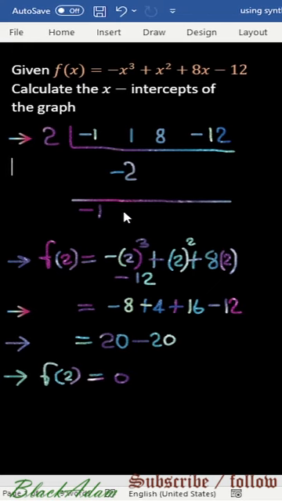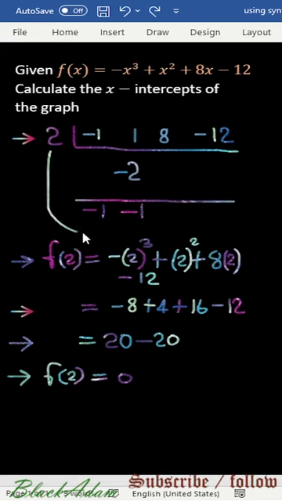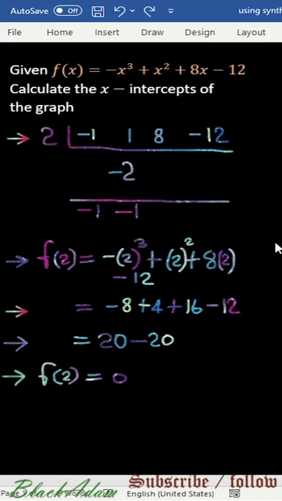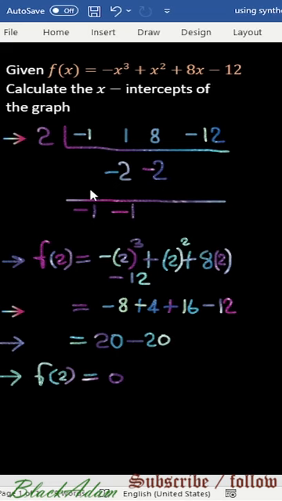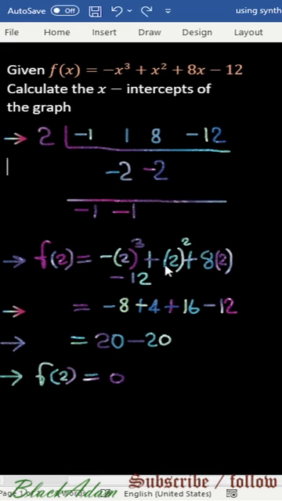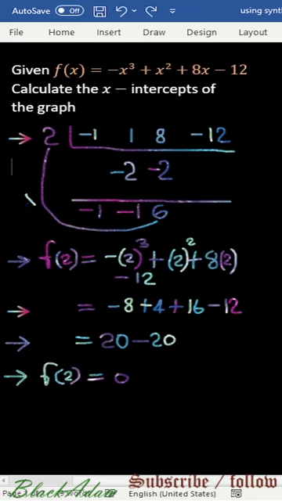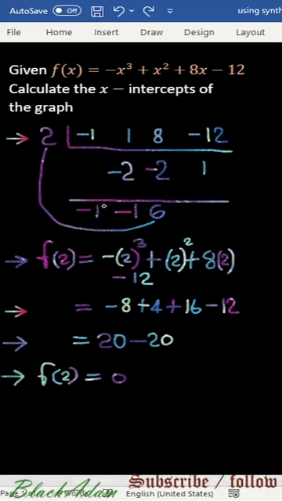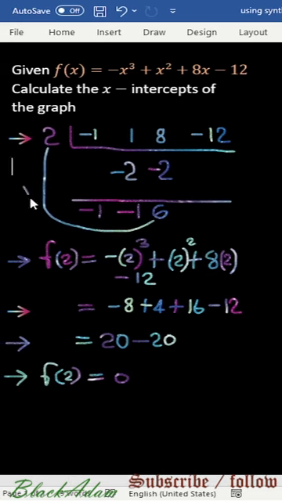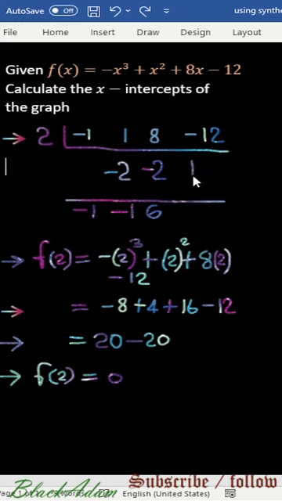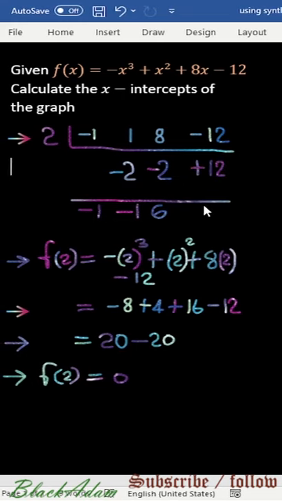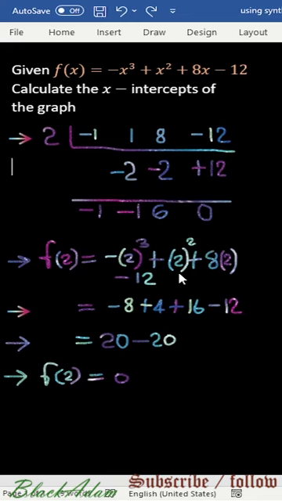So we add up +1 plus -2 gives us -1, then again 2 times -1 giving us -2, and then we have 8 minus 2 giving us 6, and then once again 2 times 6 gives us +12, and then -12 plus 12 gives us 0. Right, so there's no remainder. If you get a remainder, it means you're not using a factor.